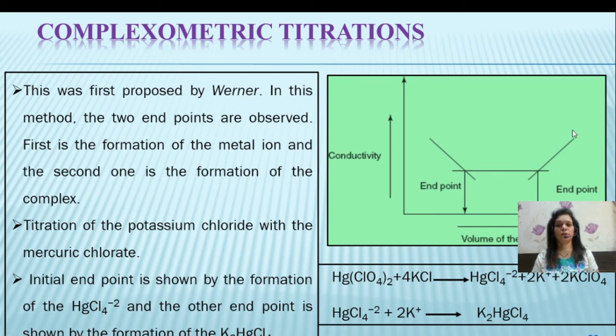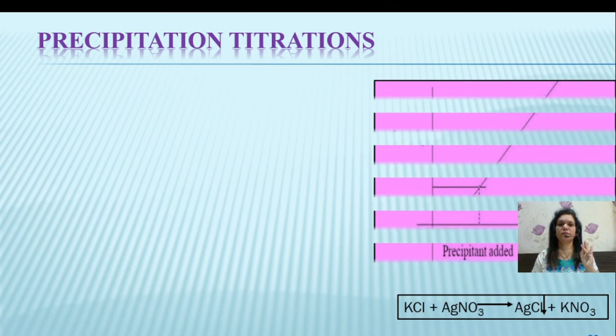So you need to extrapolate these lines to find the two equivalence points formed during the titration, first for metal ion and second for complex formation.